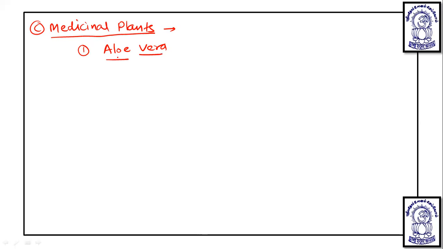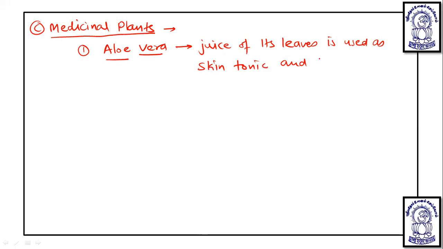If you talk about this aloe vera, then the juice of its leaves is used as a skin tonic, and it increases eyesight.